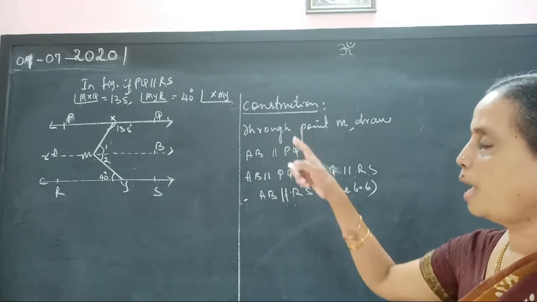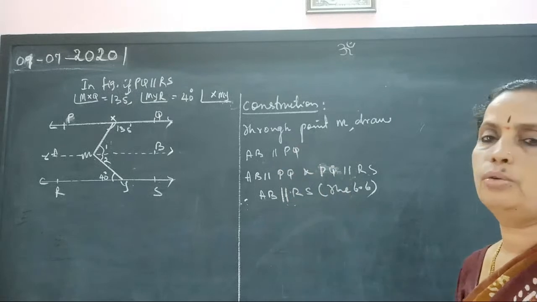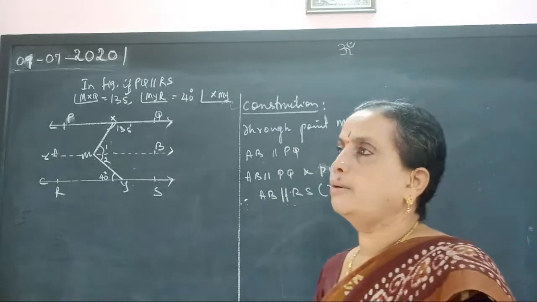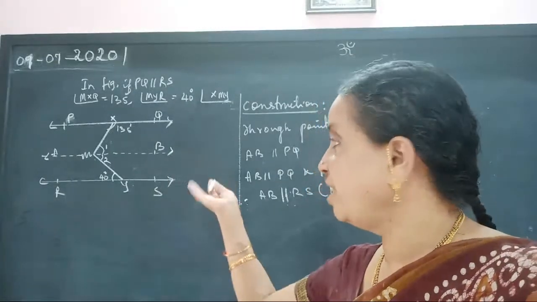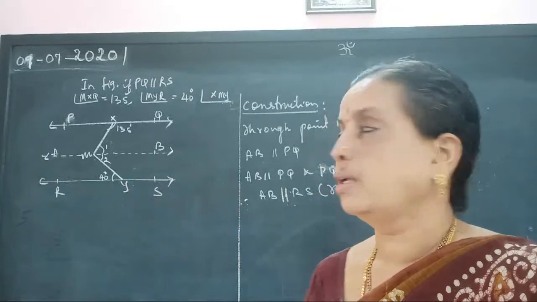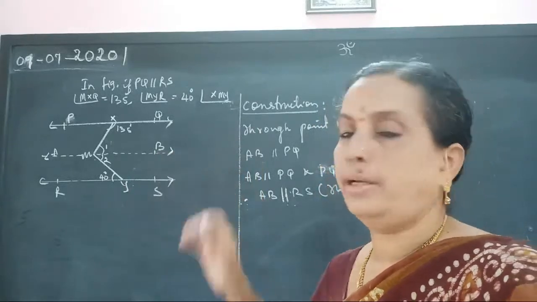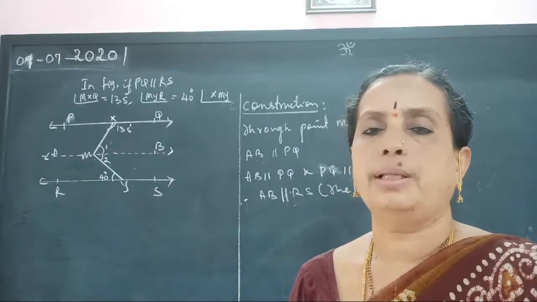Again, PQ parallel to RS. Therefore, AB is parallel to RS. One set is given, another set by construction. So we prove all three lines are parallel, which implies PQ parallel to AB parallel to RS. All three lines are parallel to each other.